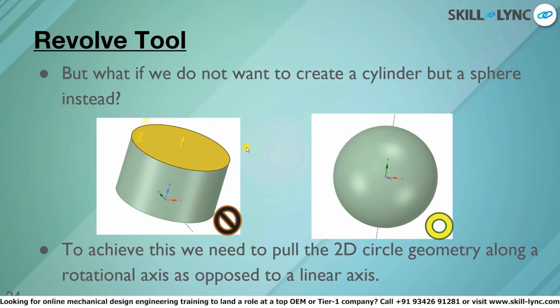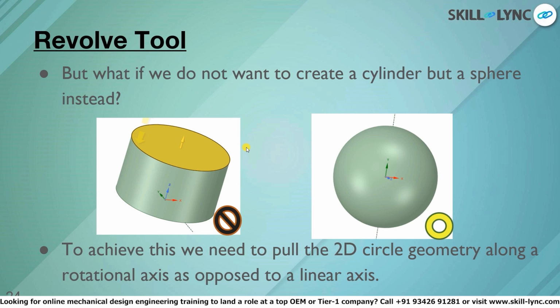Now that we have covered some of the basics, let's discuss some more advanced or complicated tools. As an example, let's say we do not wish to create a cylinder. Let's say that we wish to create a sphere. How would we get started with this?